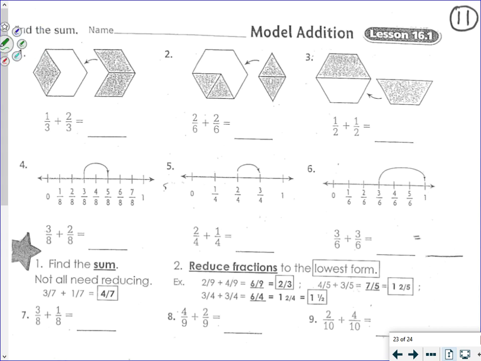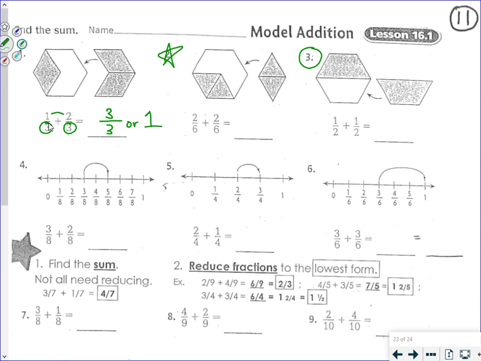Okay, let's get started here. So here we have a pattern block. We have common denominators, thirds. That means we just need to add across: 3/3 or 1. You guys try this one. This one will be extra practice.